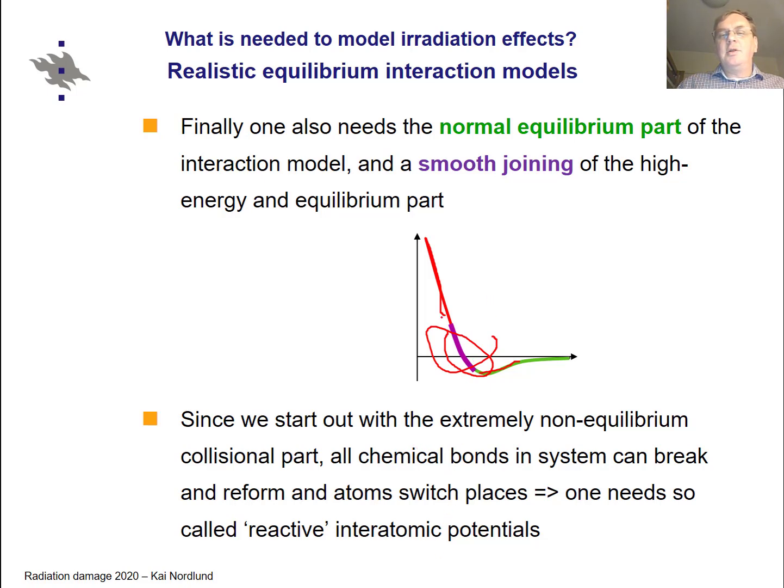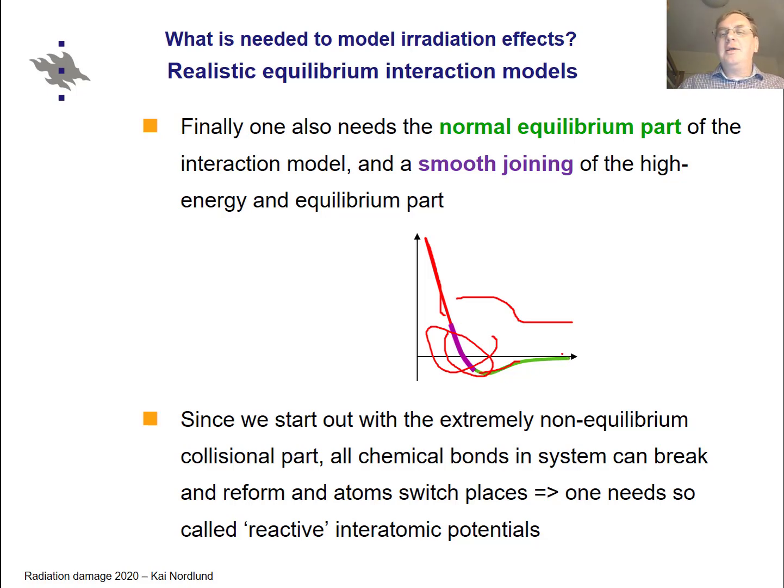Some sort of interpolation scheme is needed here. There are two schemes which are mostly used. One is a Fermi function, used as an interpolation function, and the other one is simply to take a cubic or fifth order spline function and match the potential and its derivative with the spline function.